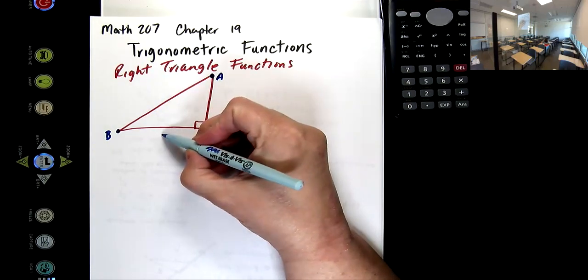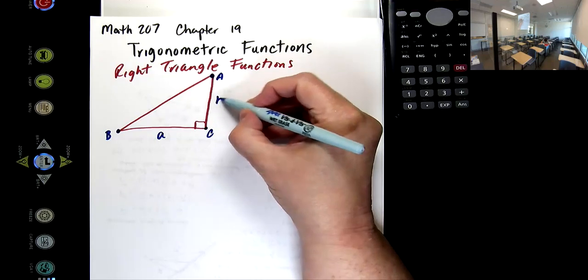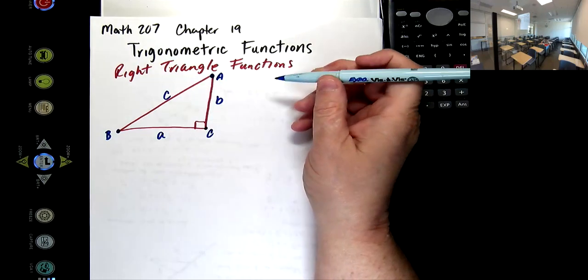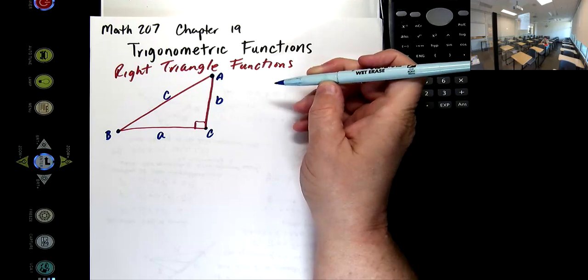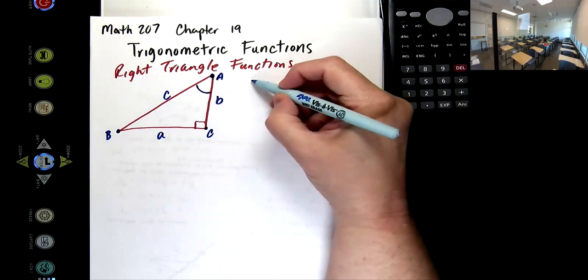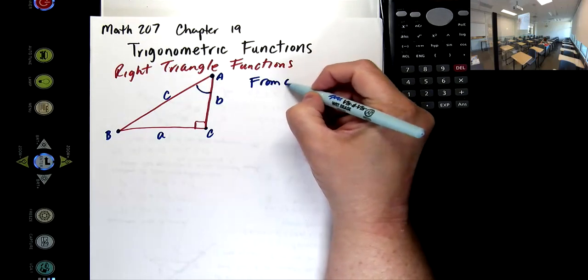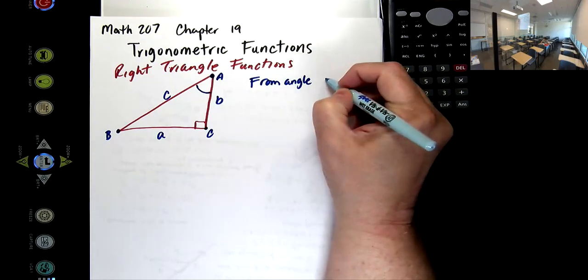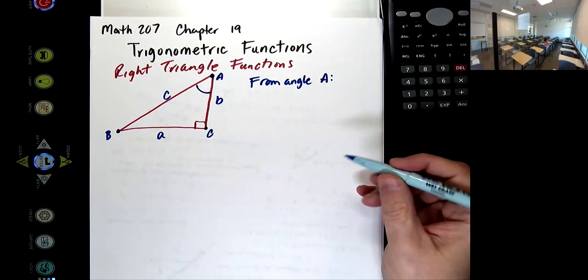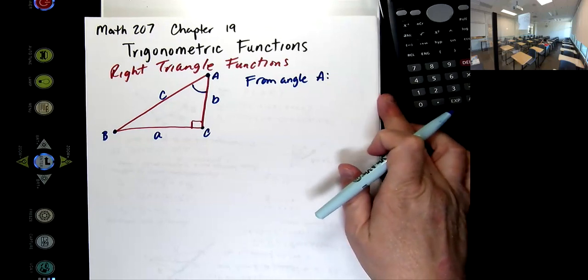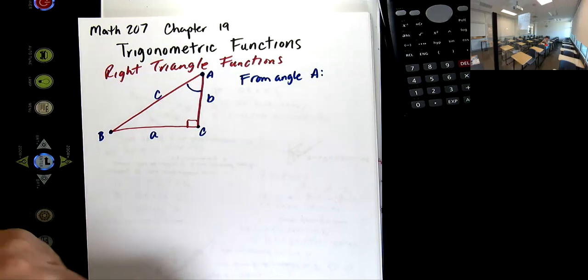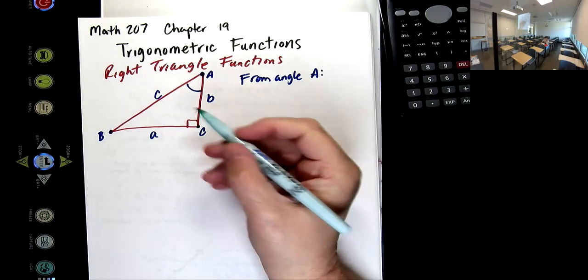That makes this little side here a, this side over here b, and this side here c. If I am looking at angle A, we have three functions. Well, these functions exist for all of them. Let me just write the formulas for them, and then I'll show what they mean from angle A.